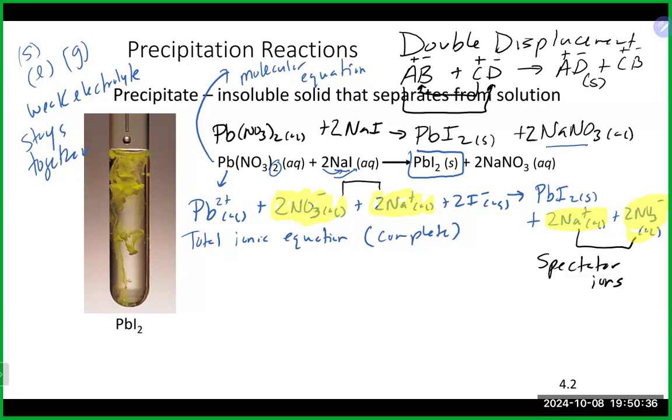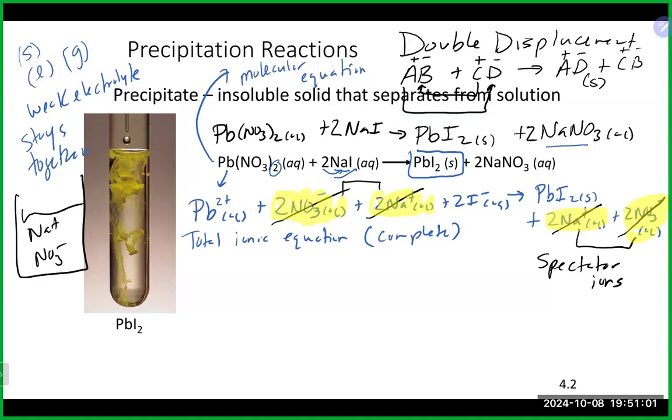You're not doing much. And that is the idea here. Our spectator ions are pretty much having a good time. They're off and just going for a swim, basically. Yeah, they're just swimming around the solution. They're not doing much, but just floating around. So what we do with spectator ions is we typically cross them out on both sides. They basically cancel each other out.